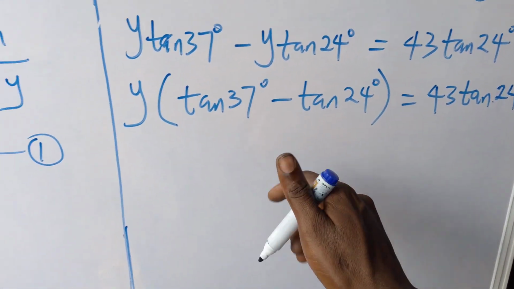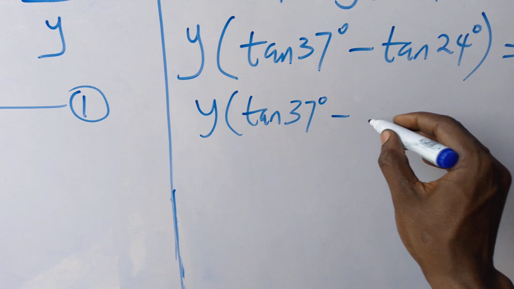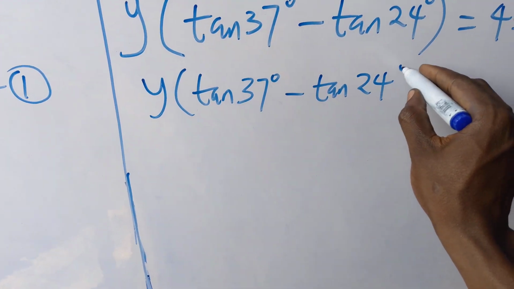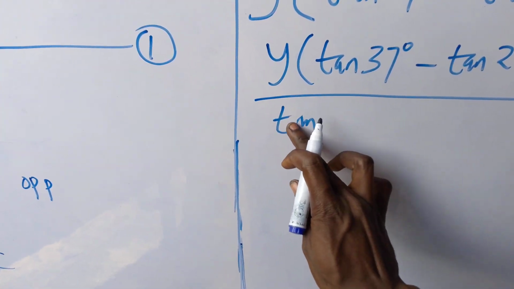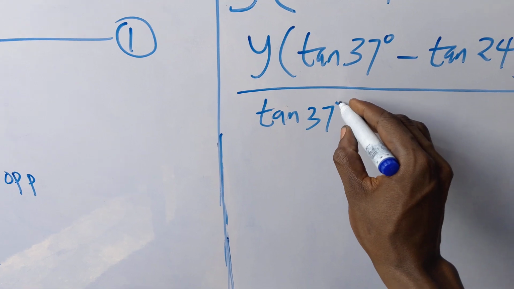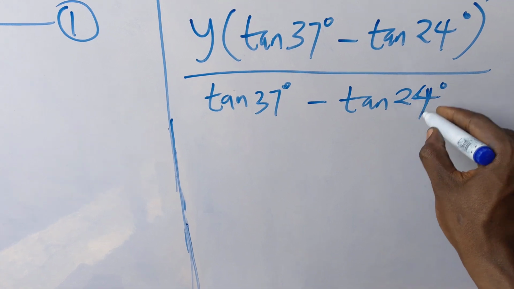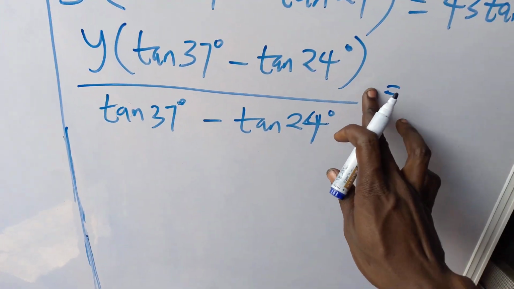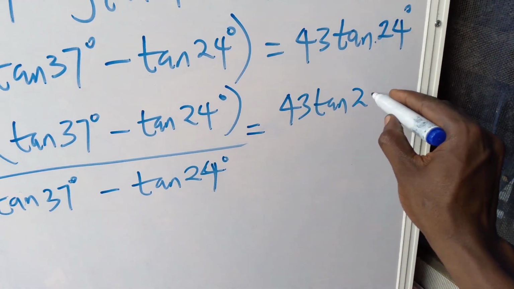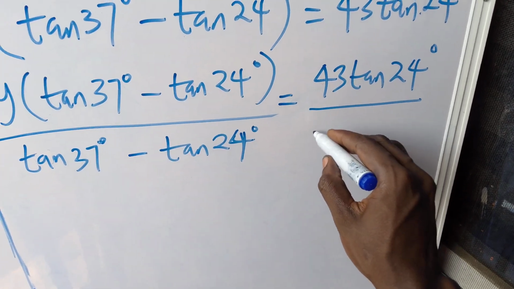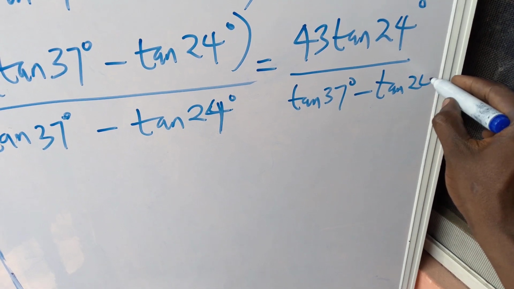The coefficient of y is tan 37 degrees minus tan 24 degrees, so y times that divided by tan 37 degrees minus tan 24 degrees is equal to 43 tan 24 degrees divided by tan 37 minus tan 24.